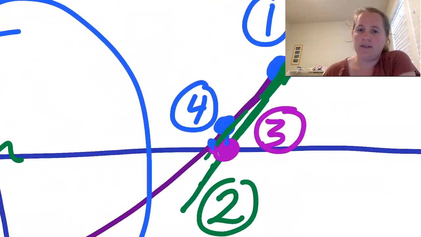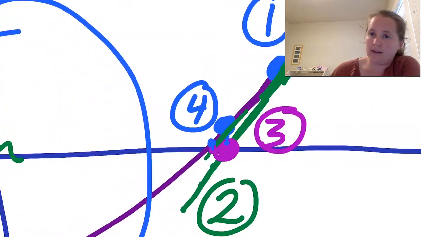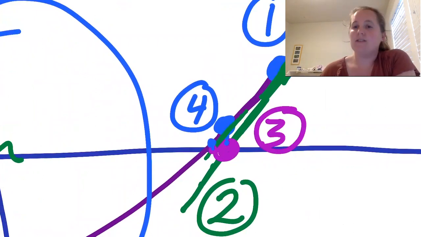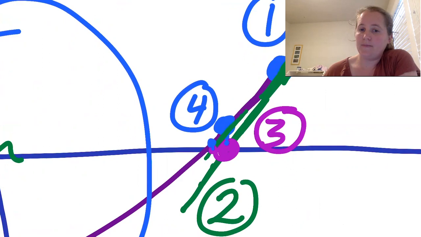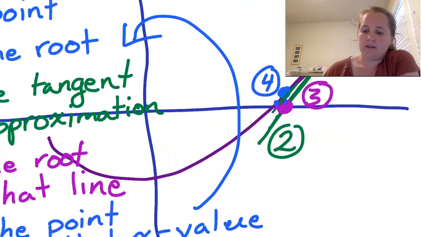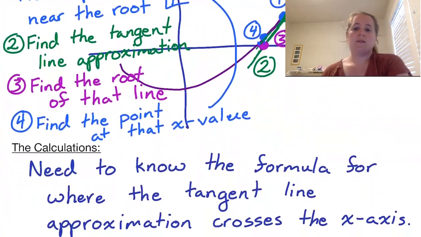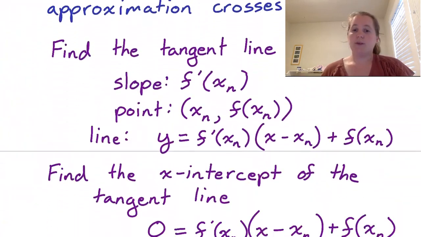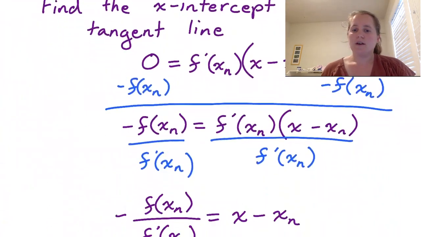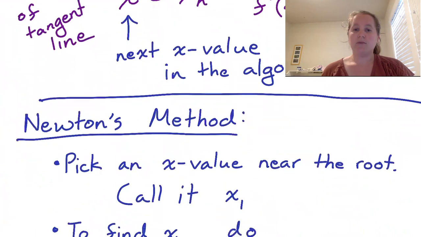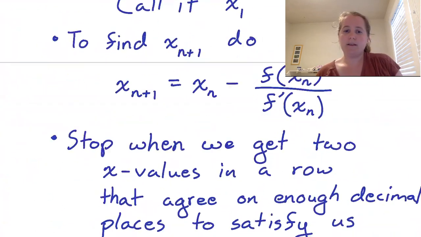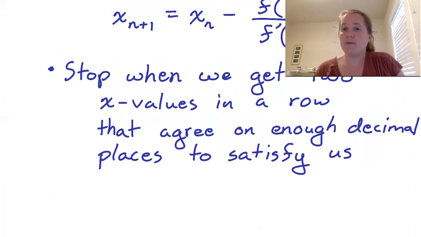Then we do another tangent line approximation that gets us a little closer to the root, and another, etc. All right, so this is Newton's method. This is actually largely what calculators do to approximate roots; they essentially run through Newton's method.